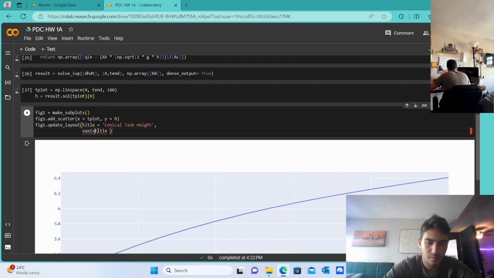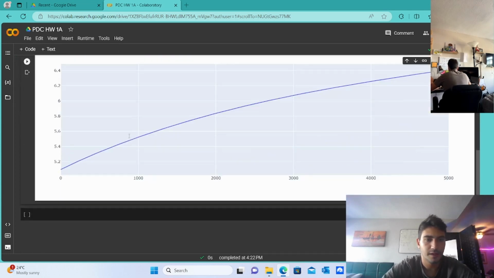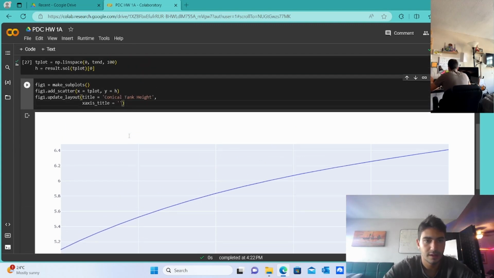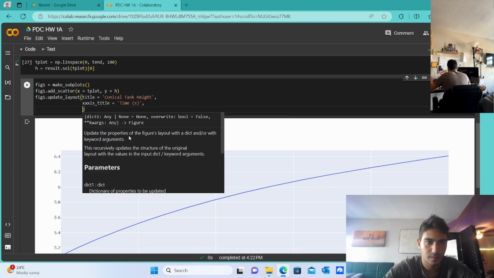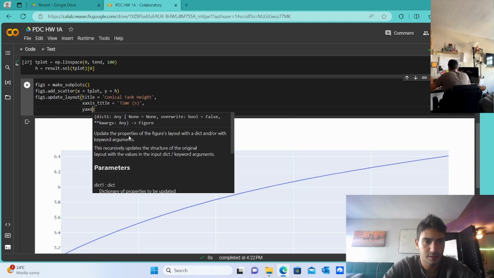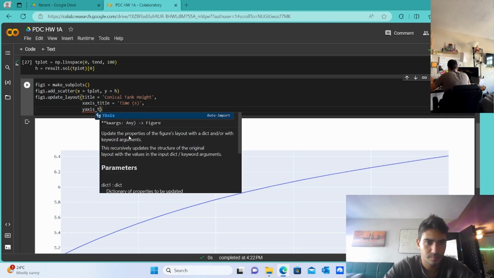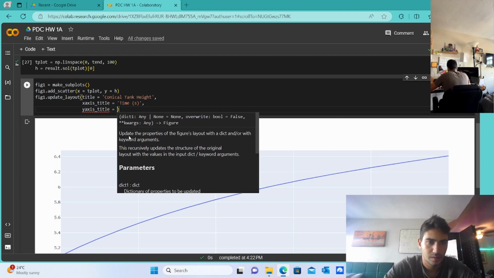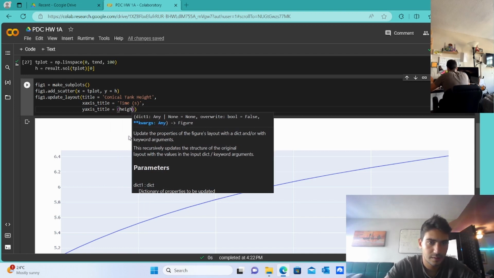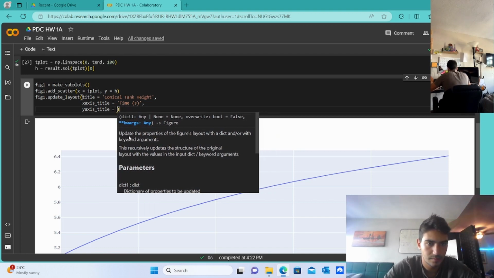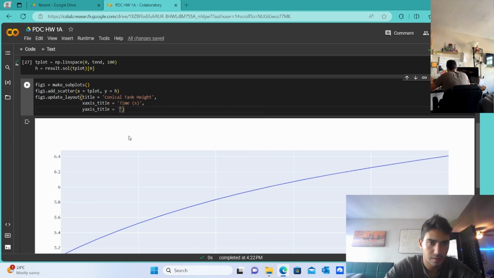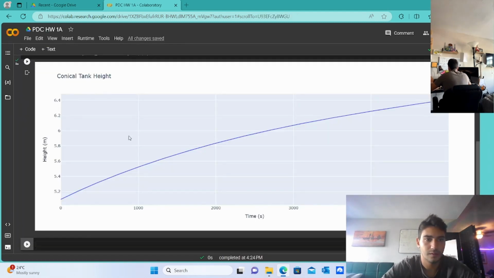Okay, I don't know why it's not working. It should be good, right? Whatever, let's see. X-axis we're making that time in seconds, sweet. And then y-axis, we'll make that height in meters. Shift enter. Beautiful.